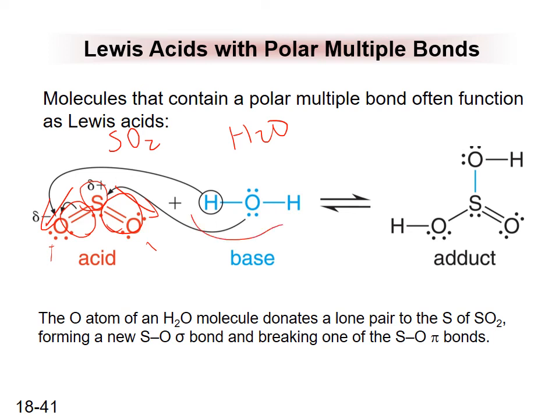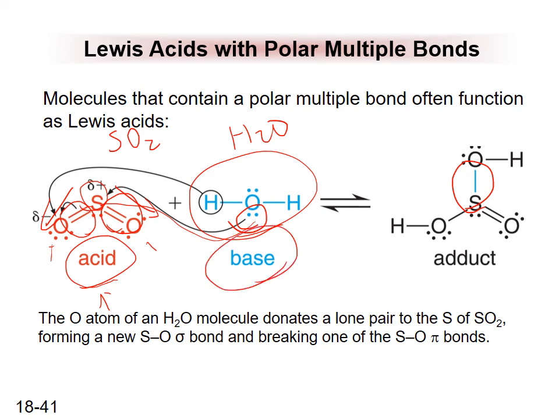And when water molecules approach sulfur dioxide, the lone pair electron of oxygen can approach the electron deficient central sulfur atom and form a new bond, the oxygen-sulfur bond. So in this reaction, sulfur dioxide accepts a lone pair electron from oxygen and is considered an acid. And the water molecule provides the lone pair electron, so it's a base.